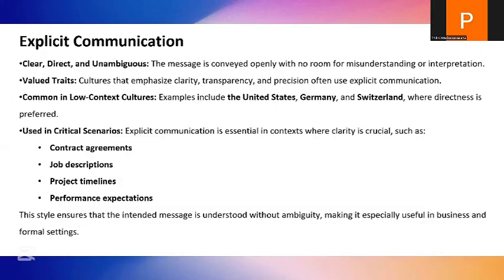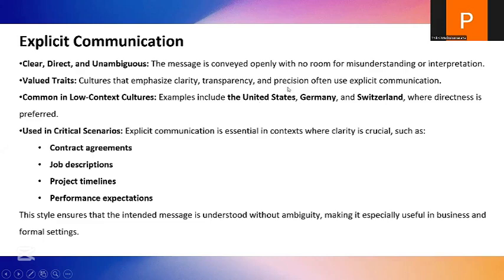Explicit, as the word itself says, is very clear, direct, and unambiguous. It's conveyed openly with no room for misunderstanding. In these explicit communication cultures, there is a lot of transparency and precision.